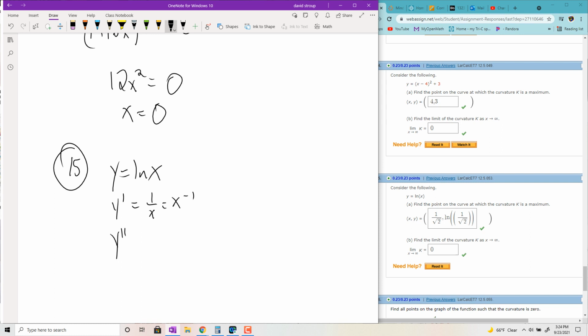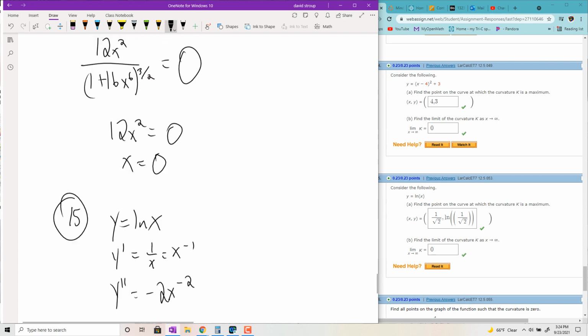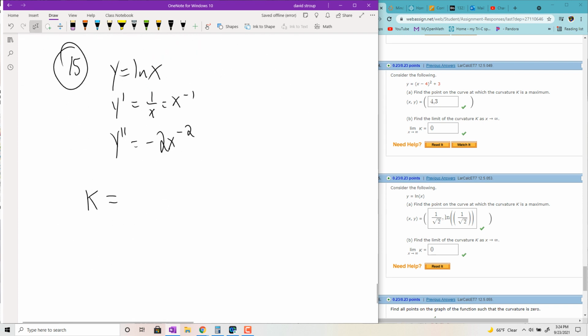Then I need y double prime, which is negative x to the negative 2. And so my curvature formula: the absolute value of y double prime is 1 over x squared, and then all over 1 plus y prime squared, which will be 1 all over x squared, to the, what is it, 3 halves.